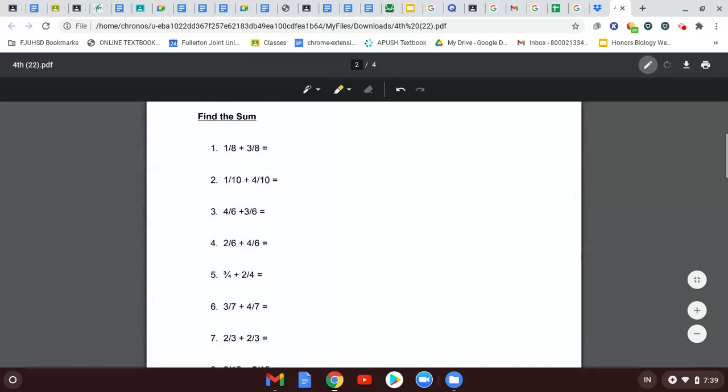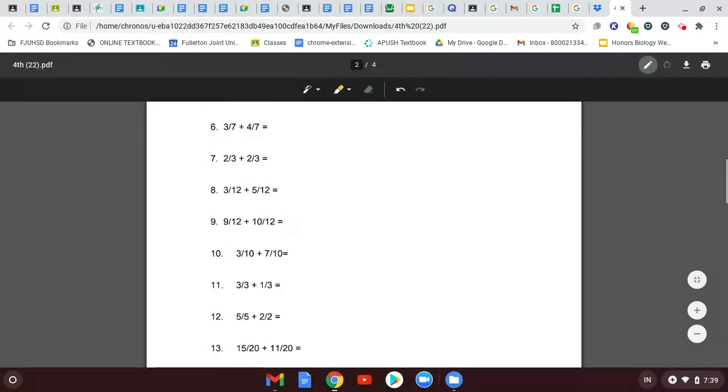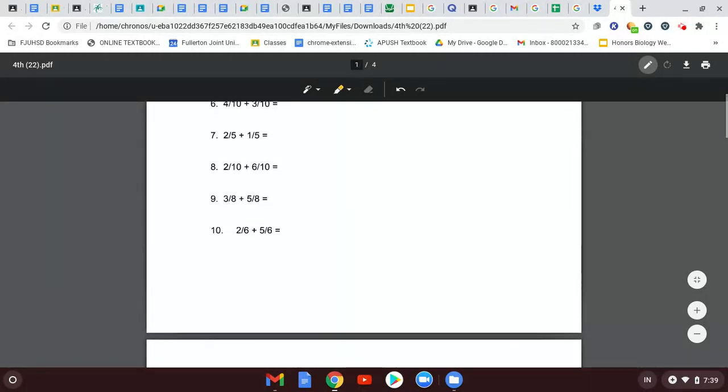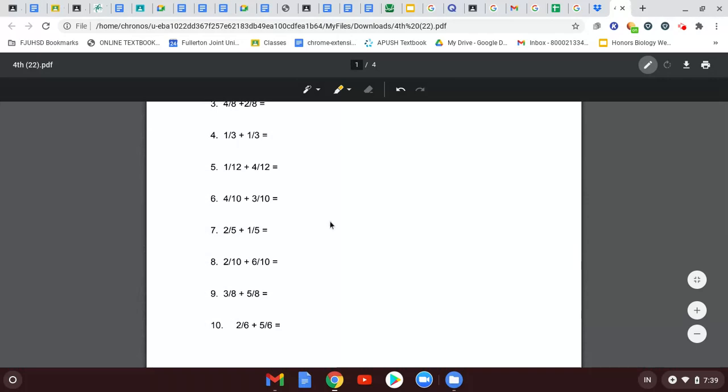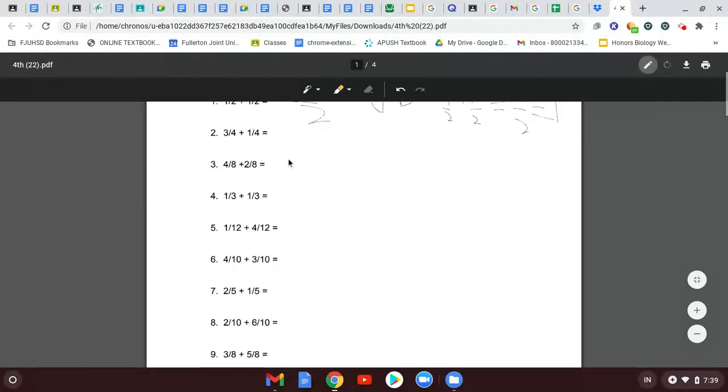Okay, so this week it does not look like there's going to be any difference in denominators. So we're going to just keep on adding, okay? So let's try doing number 3. So 4 plus 2, sorry, over 8, right?